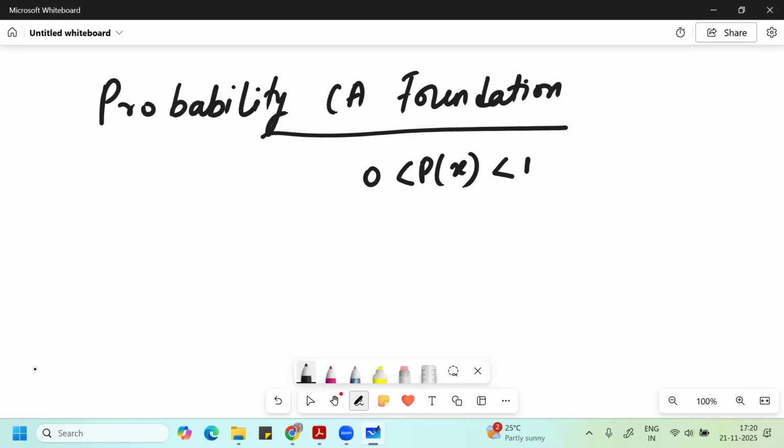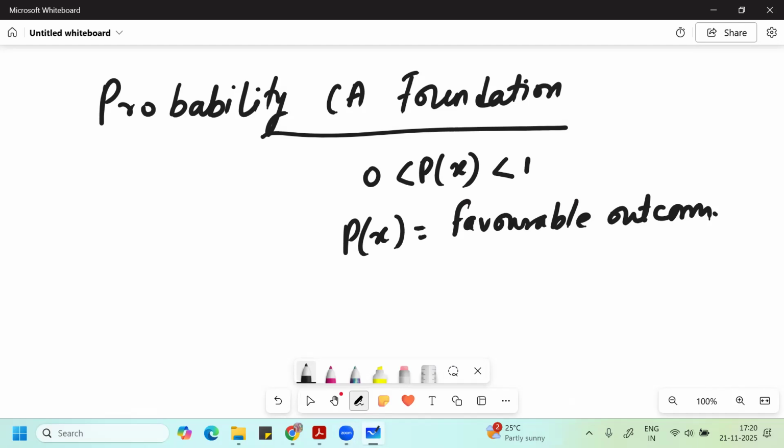So whenever we talk about probability of an event, the formula for that is favorable outcome divided by total outcome.